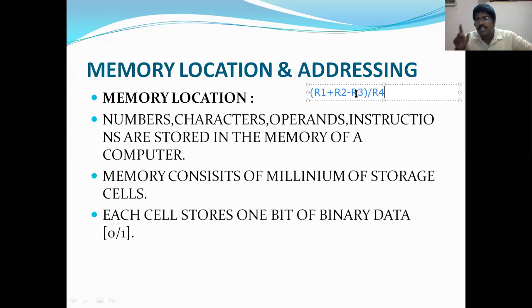That means every cell can store either 0 or 1, which are the machine language values understandable by the computer. Though I give R2 equal to 54H, our computer will convert 5 as 0101 and 4 as 0100, and it will store those values in the cells, because every cell can store only 1 bit of binary value. Binary value means it may be either 0 or 1. It cannot store other values. Is it clear or not?